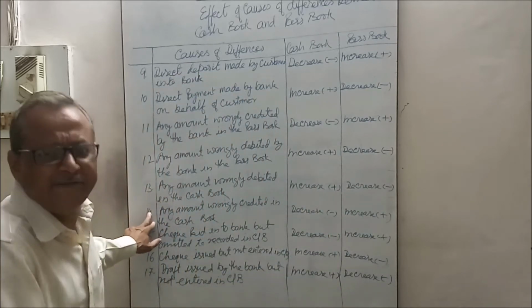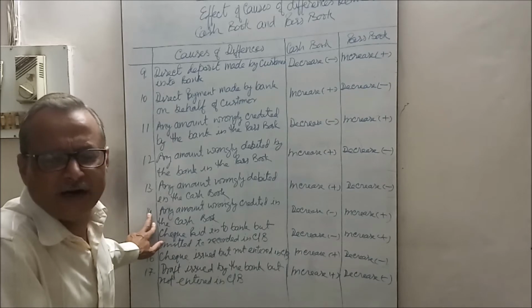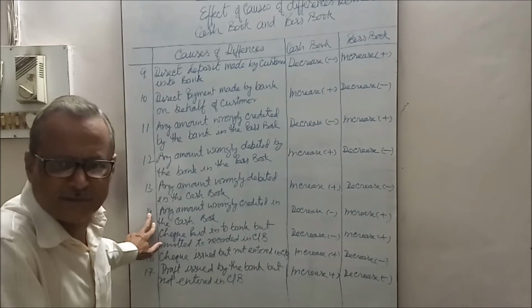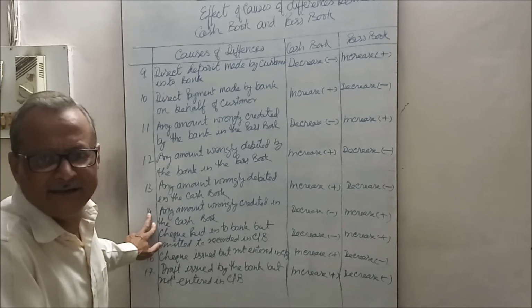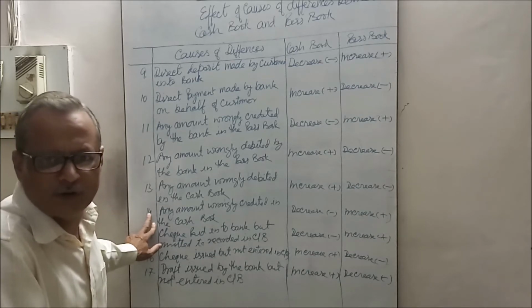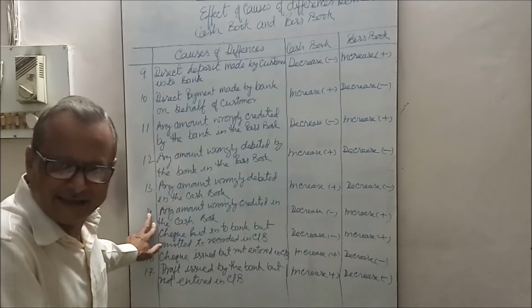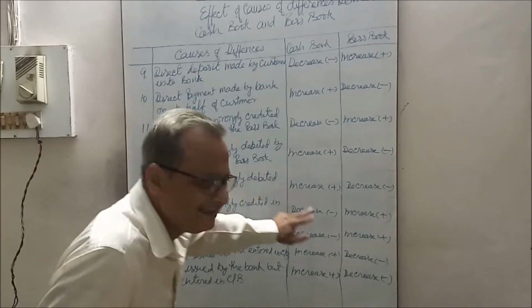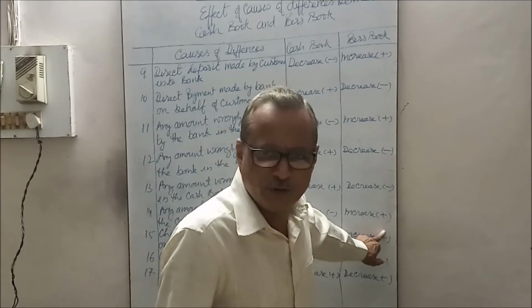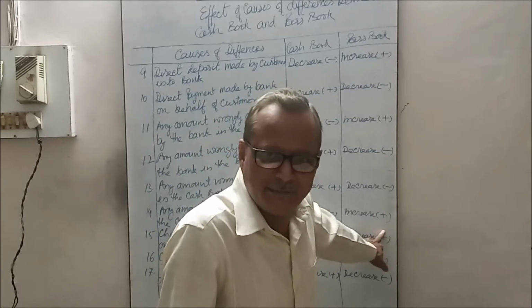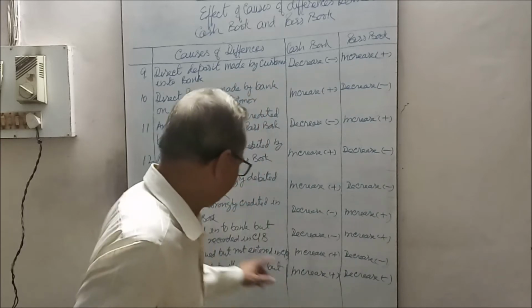Likewise, if a wrong amount is credited in the cash book, that should not be credited. Once it is credited, that will decrease the cash book, whereas the passbook will increase in comparison to the cash book.